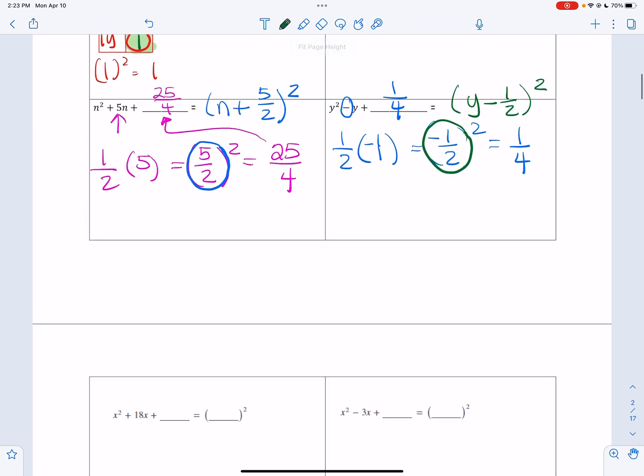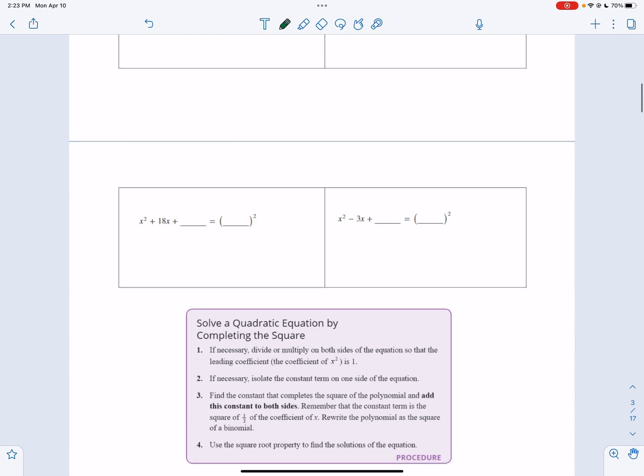So we're going to try these next two. One is an even number, which is always nicer, and one is an odd number, which makes it into a fraction. So half of 18 is 9, and 9 squared is 81. That fills in the first blank, and then the second blank becomes y plus 9 quantity squared.